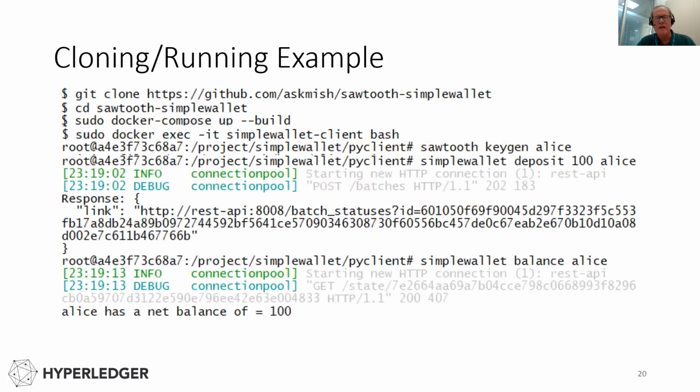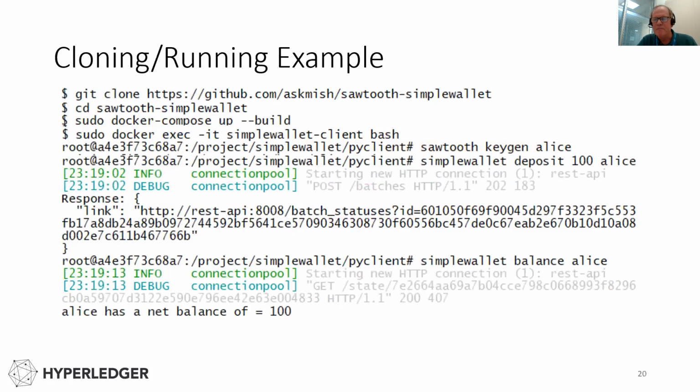Then we start a bash shell and go into the client container, and we start our client application. It's called SimpleWallet, and we could do multiple operations. In this case, we first need to generate a key for Alice. That would be the name of a wallet, and we deposit 100 units into Alice's account.